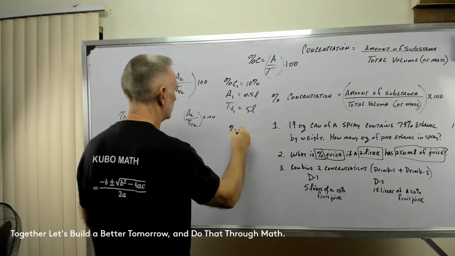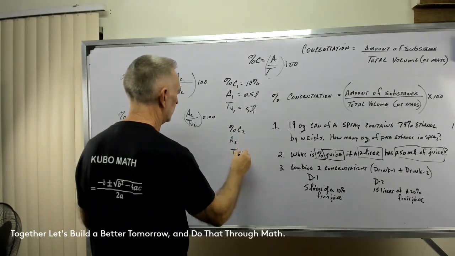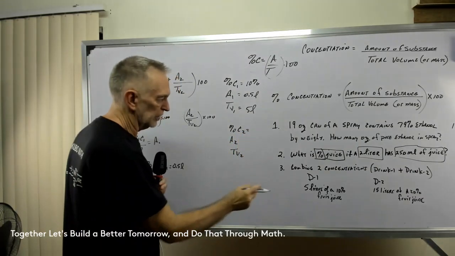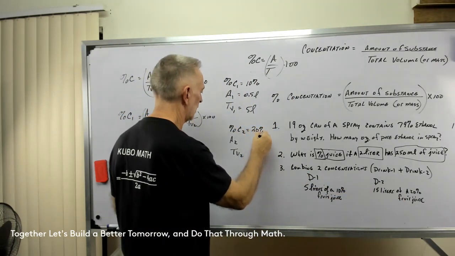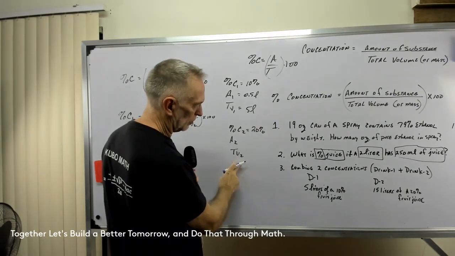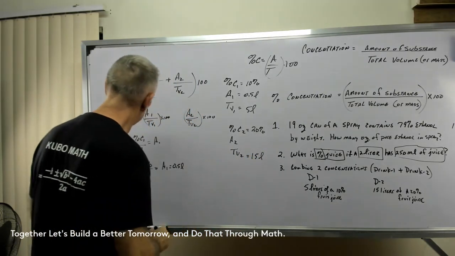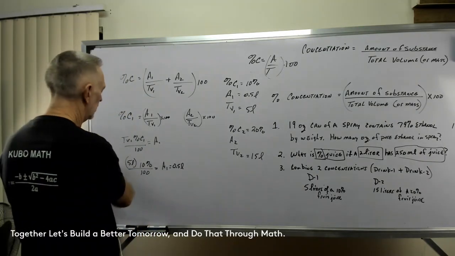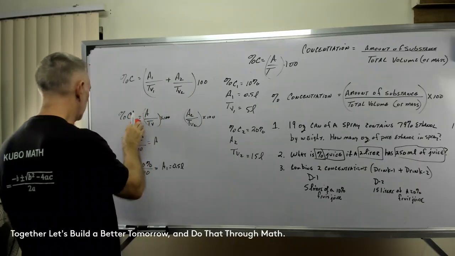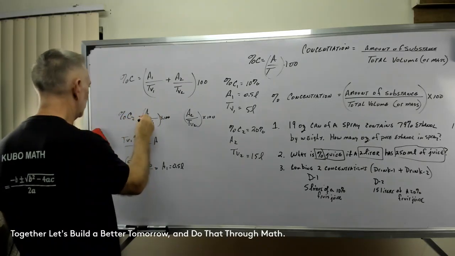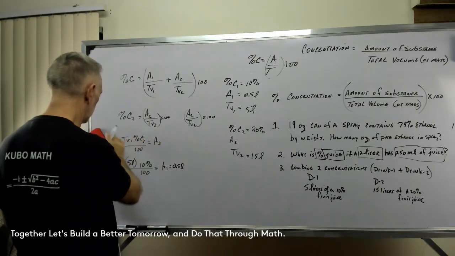Now percent C2, A2, TV2. All right, percent C2, we had 20% in that second drink. And we had 15 liters in there. All right, so let's change all this to 2: A2, TV2.